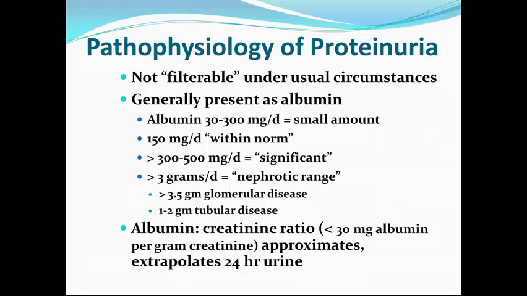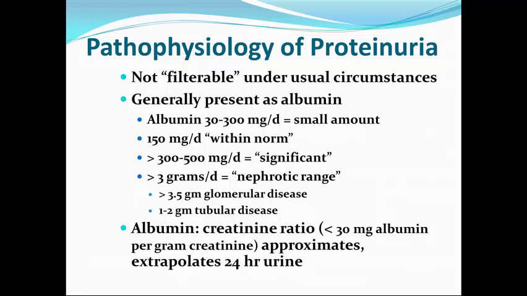Anywhere between 30 and up to about 300 milligrams per day is considered a small amount, and certainly 150 milligrams a day is within normal. However, when we start putting out more than 300 to 500 milligrams of albumin in the urine a day, that is pathophysiologically and physiologically significant.